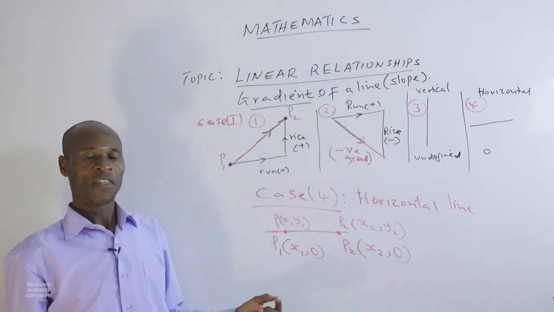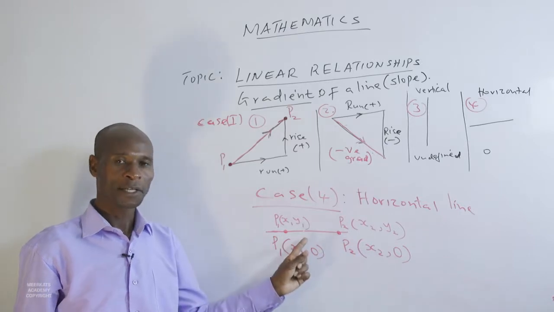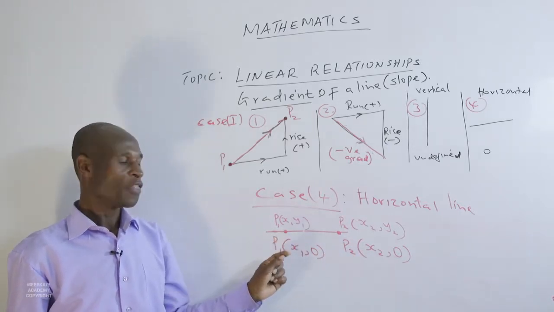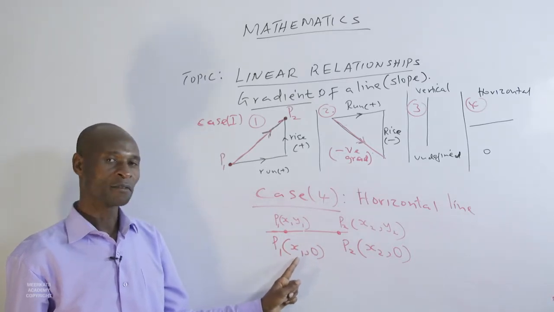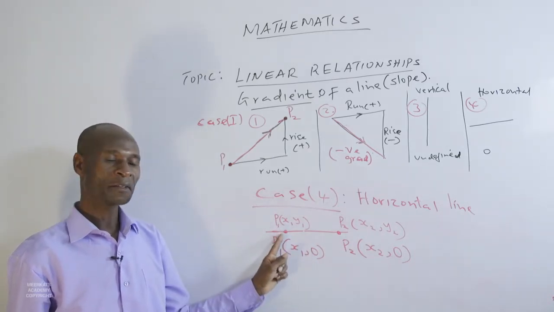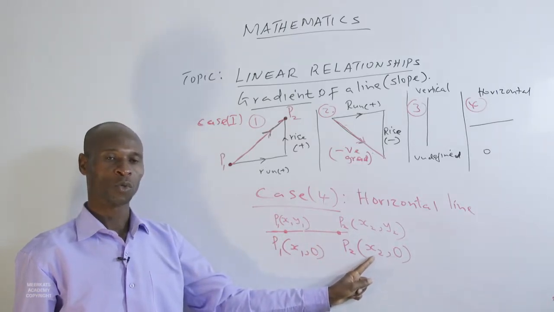So in this case, the y values are not changing. However, the x value is changing from x1 as we move from point 1 to point 2, and the x value for point 2 is x2.